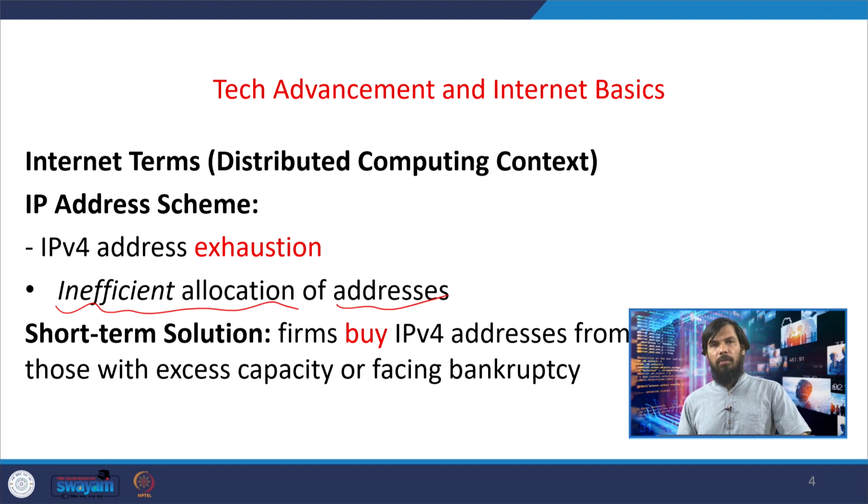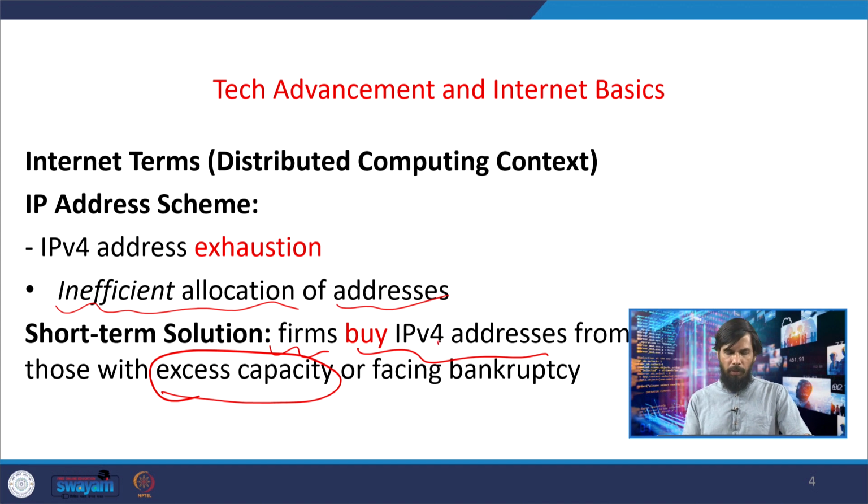Then what is the short term solution for this? The short term solution is something that has been going on for many years now, where firms buy IPv4 addresses from those with excess capacity, right. There are lots of firms with excess capacity, they are not utilizing addresses, but they were allocated IPv4 addresses initially. So, other firms which can pay such firms can buy IPv4 addresses.